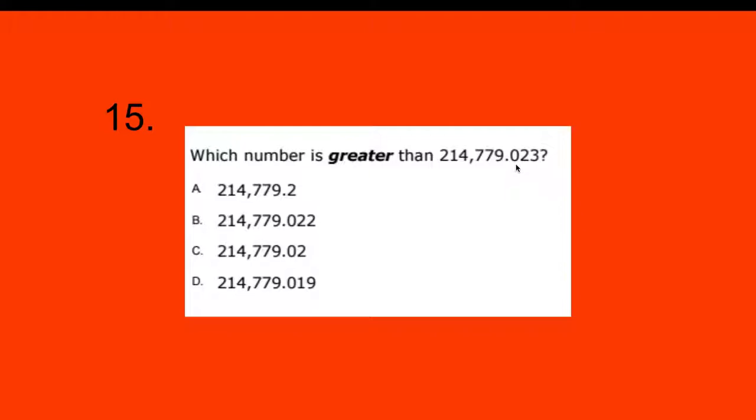Now, over here on this one, I have a 0 in the tenths. Here I have a 2 in the tenths, a 0 in the tenths, a 0 in the tenths, and a 0 in the tenths. Which one is greater? Which one has the greater value, the 0 or the 2? I hope you picked the 2 because the 2 is greater than 0. Therefore, make your corrections to your sheet. You should have the correct answer now.